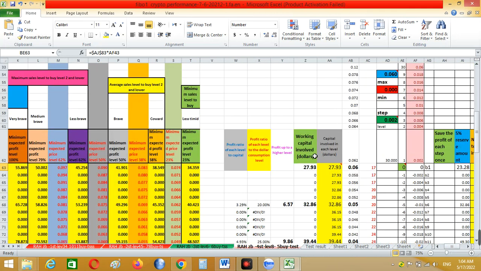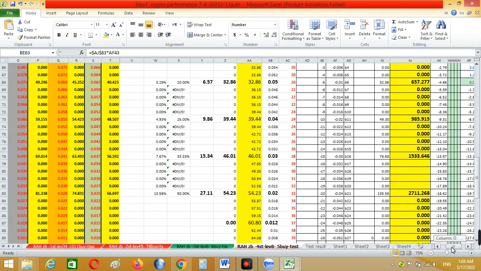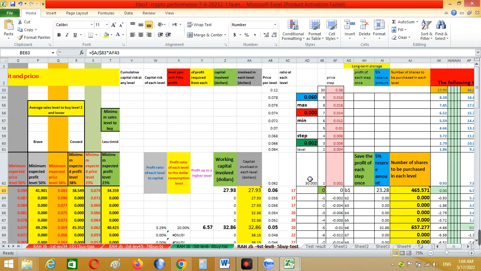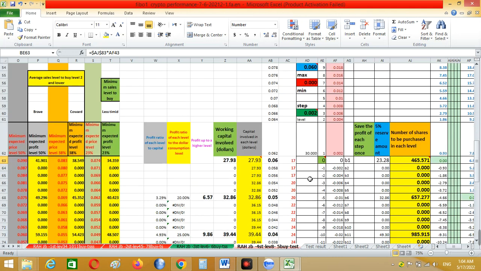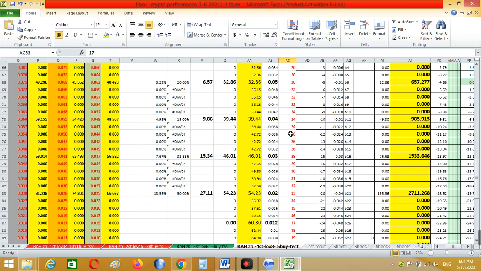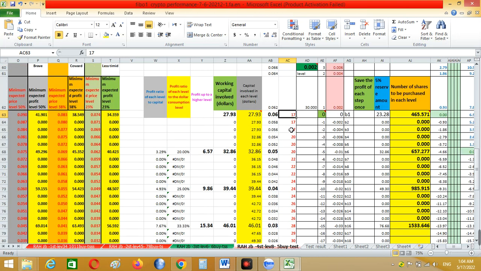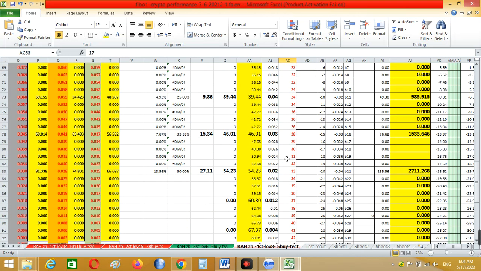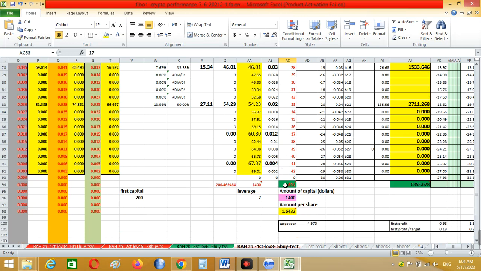And the last thing that I can say is about the coefficients, some coefficients which we use in red in here. These are some ratios we don't need to know about the details, but we simply say that if you sum, you gain 852, so your capital 200, leverage 7, you will have $1400 by leverage.